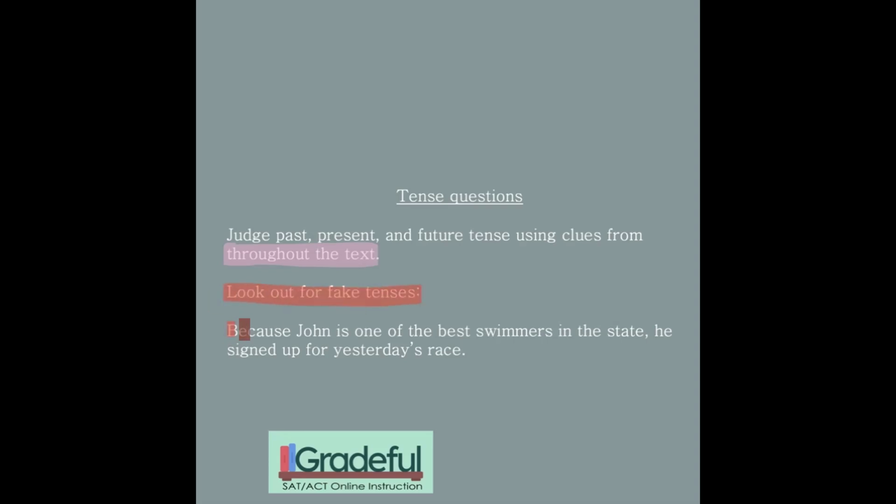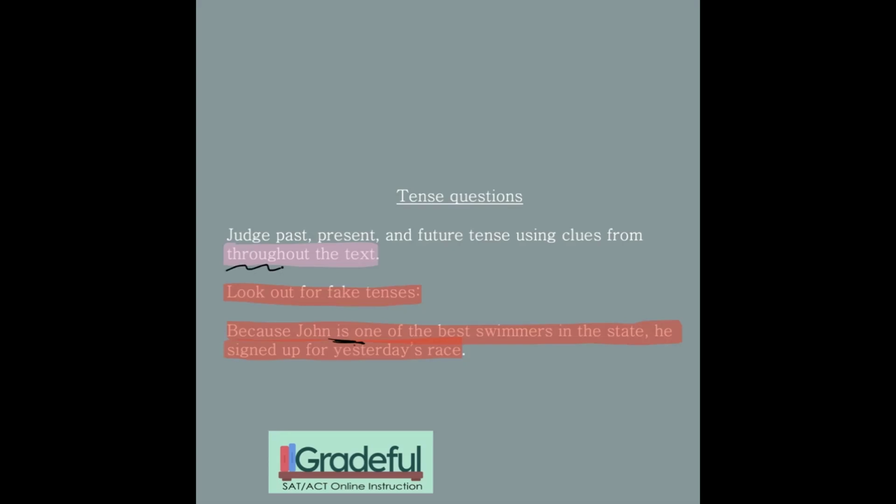For instance, because John is one of the best swimmers in the state, he signed up for yesterday's race. In other words, he signed up for yesterday's race, so we're in the past tense. But the sentence includes a fact that's in the present tense. John is one of the best swimmers. So sometimes fake tenses can throw us off.